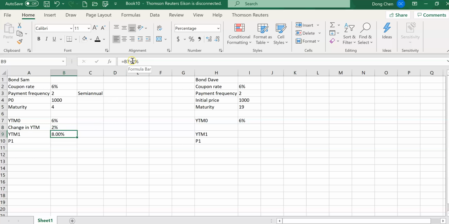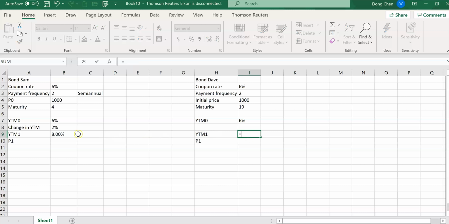Now let me use a cell value instead of directly typing or hard coding this, because this way I just need to change this one number later and all other numbers will change automatically. So this is the initial yield to maturity plus this change in YTM.